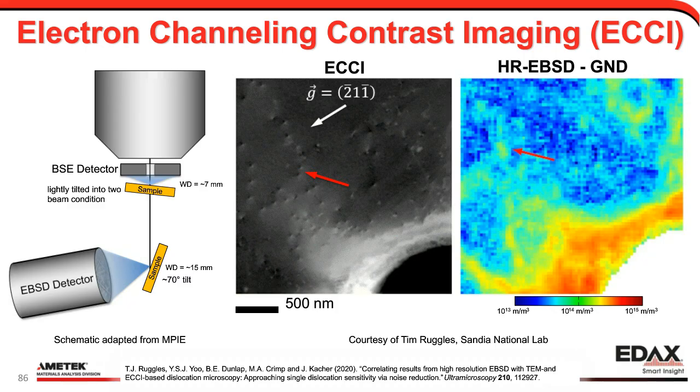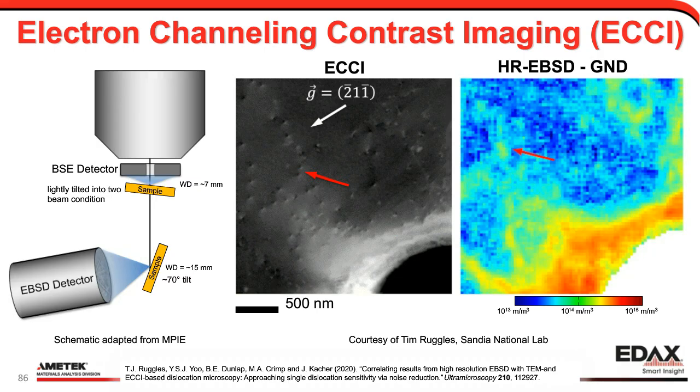You have the BSE detector mounted below the pole piece, and you lightly tilt the sample into a two-beam condition. This is typically done at a much smaller working distance, and you slightly tilt it, and if you get it in the right position, then you start to see the evidence for individual dislocations.